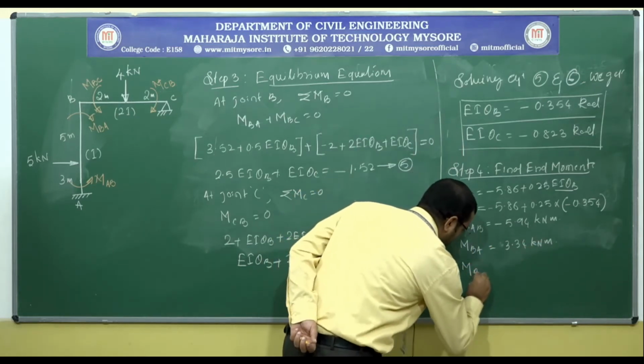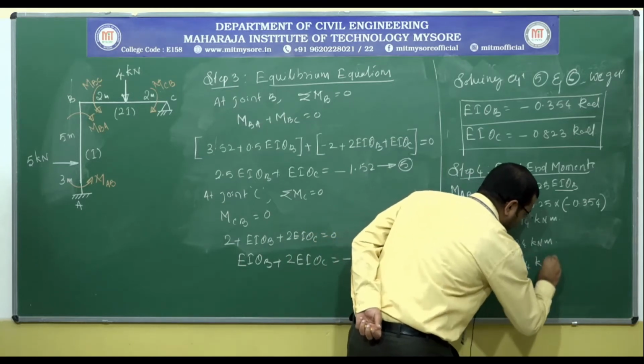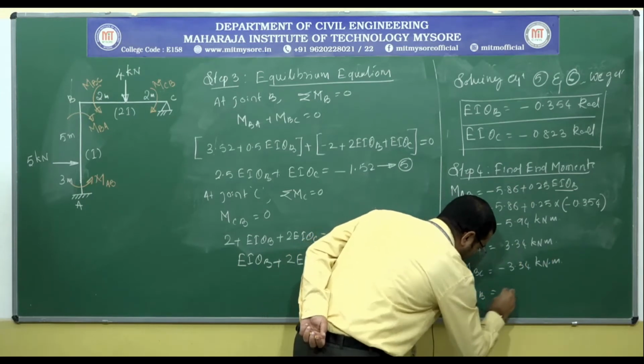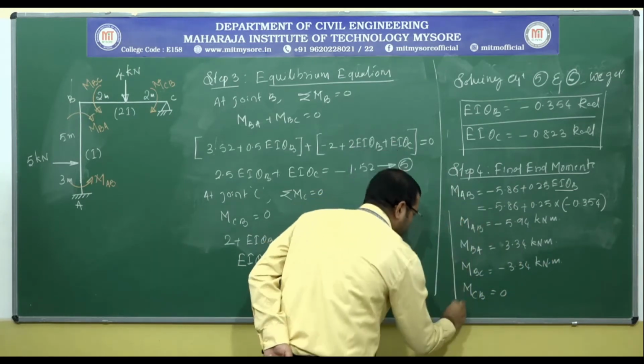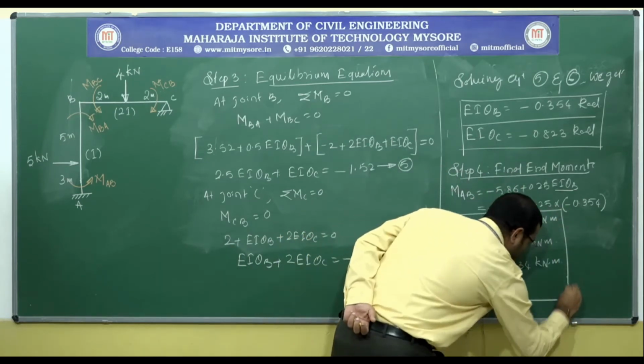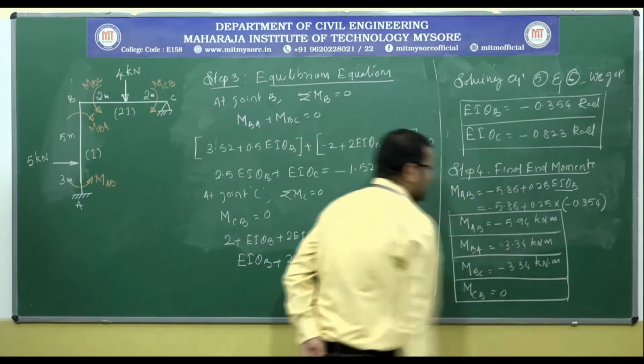So MBC is minus 3.34 kilonewton meter and lastly MCB will be 0. If you calculate exactly, you will get 0 or very, very close to the 0 value. So these are the end moments.